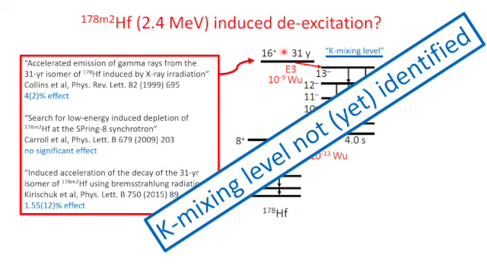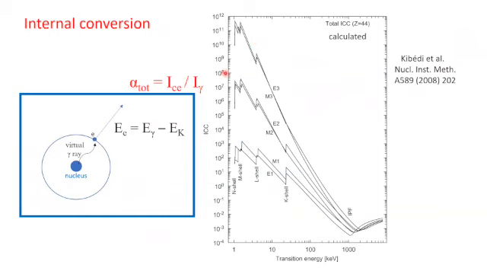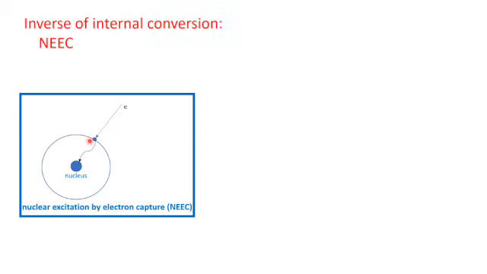That encourages us to look for a case where the intermediate state, in that case a K-mixing level, really is already known. But we go to spin isomers rather than K isomers. And I just remind you here, internal conversion we discussed before, that there's the inverse of internal conversion, which is referred to as NEEC, or nuclear excitation by electron capture.